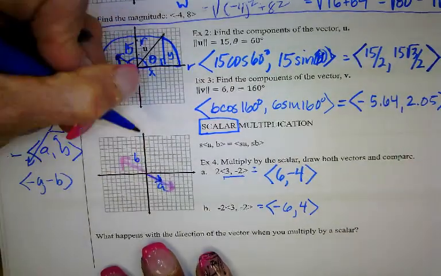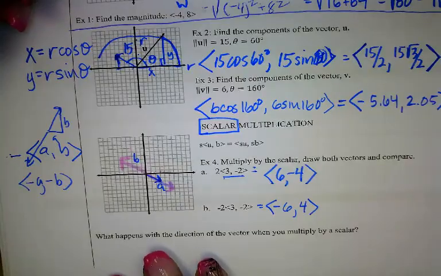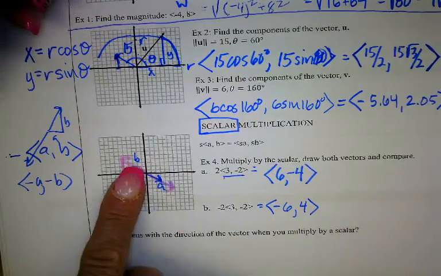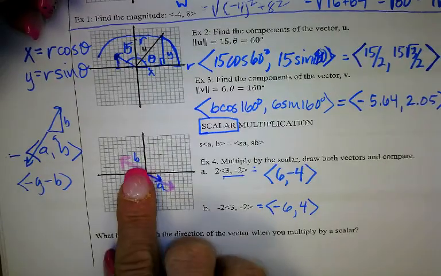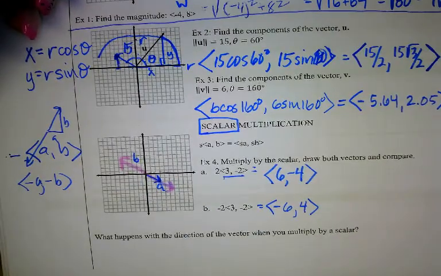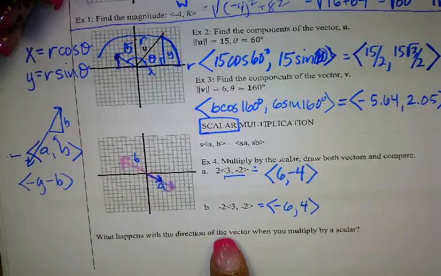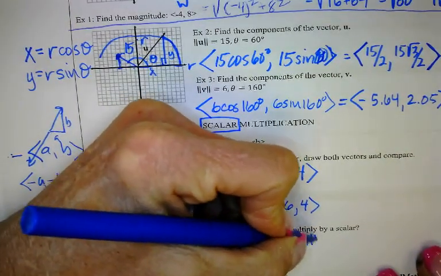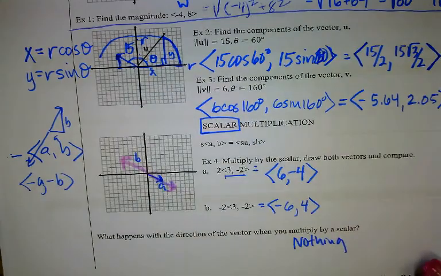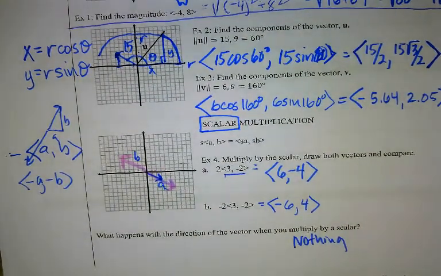Notice how they make a 180-degree angle between them. It's like I just extended the line and put an arrow on the end of it. So what happens with the direction of the vector when you multiply it by a scalar? Nothing happens, unless you multiply it by a negative scalar. Then it switches the direction. Pretty easy so far?